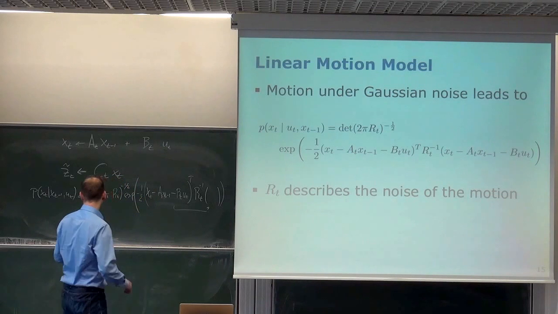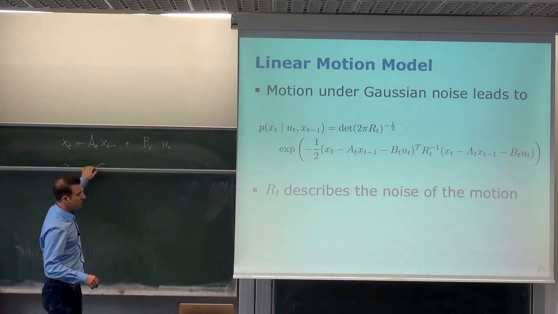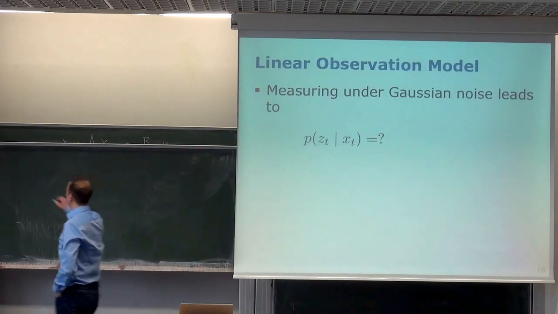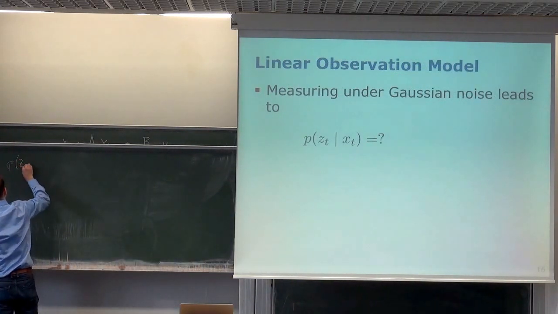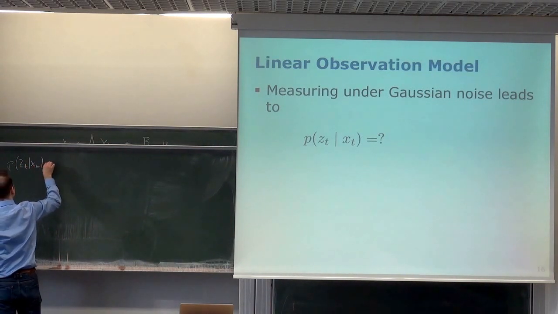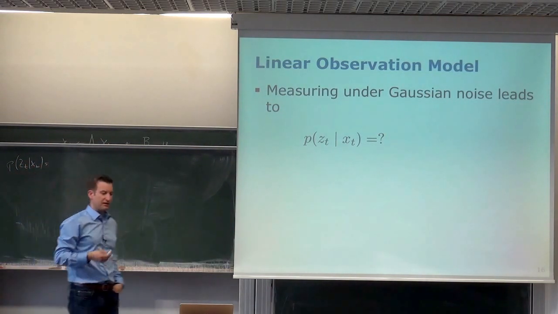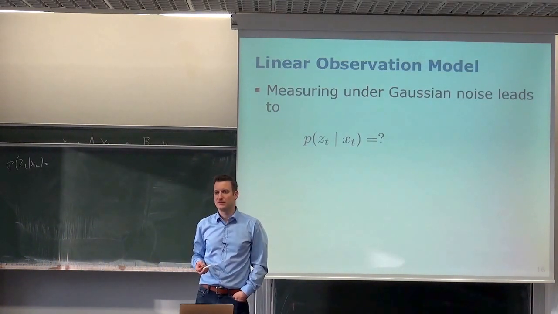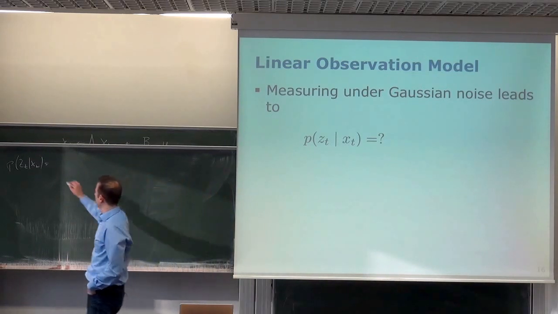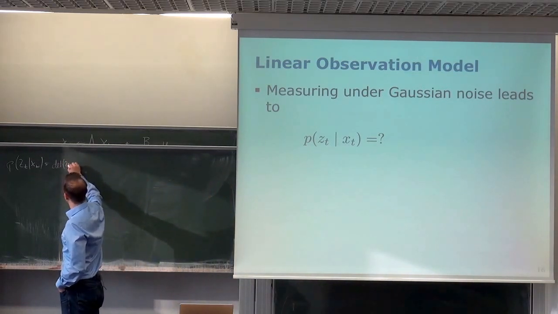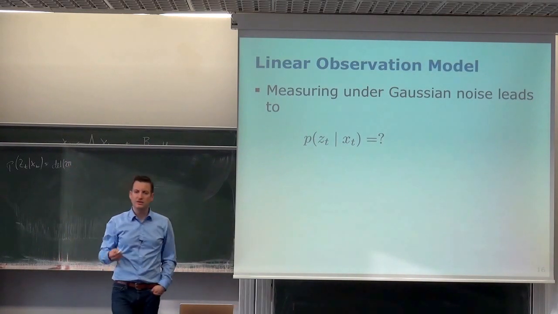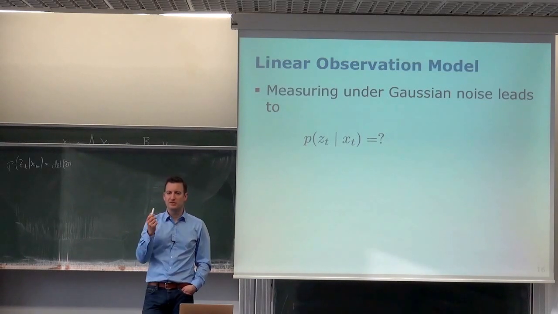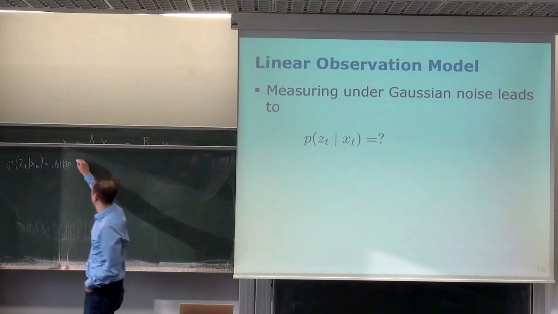Now we can do the same thing with our observation. P of z_t given x_t. How does this function look like? Again, determinant 2 pi. Know what goes there. So this is my observation of Q_t.